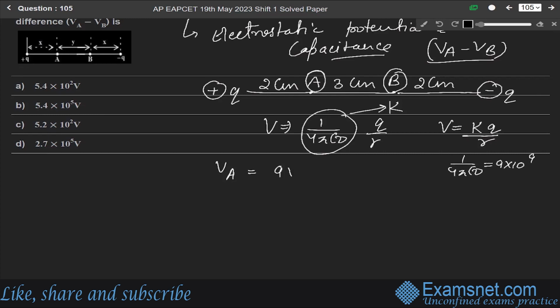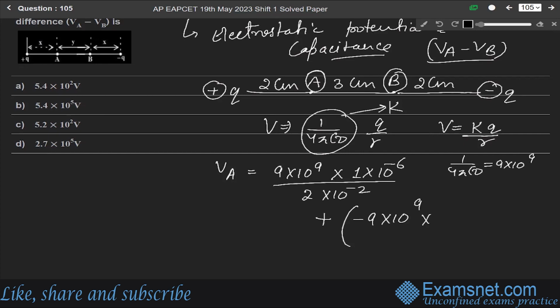So we can write 9 into 10 to the power 9 into charge 1 into 10 to the power minus 6 over R, which is 2 into 10 to the power minus 2 meter, and plus, since it is minus, 9 into 10 to the power 9 into 1 into 10 to the power minus 6 over 5 into 10 to the power minus 2 meter.